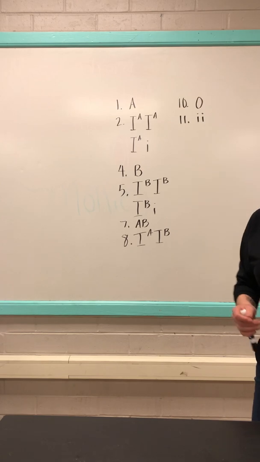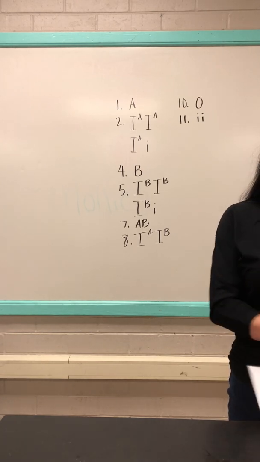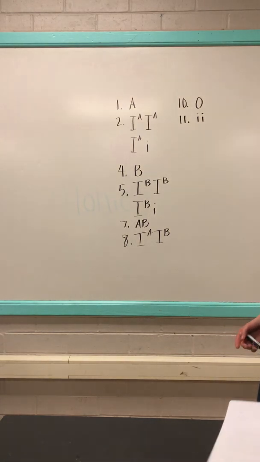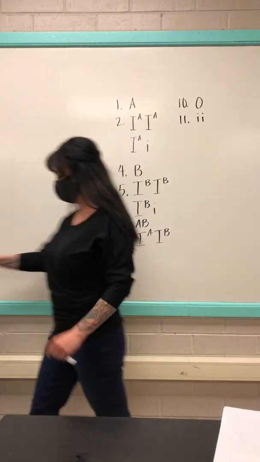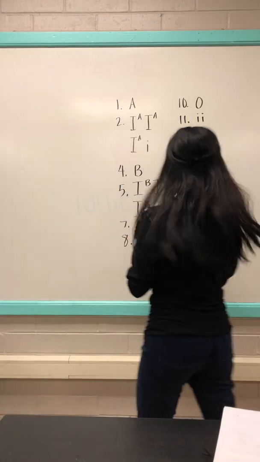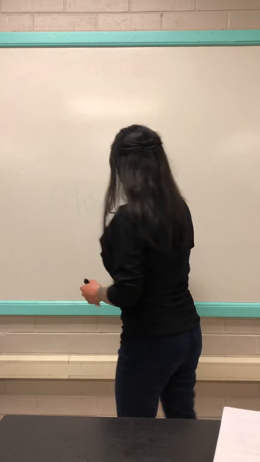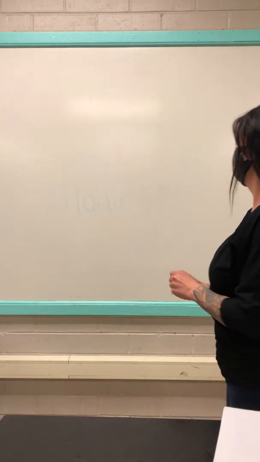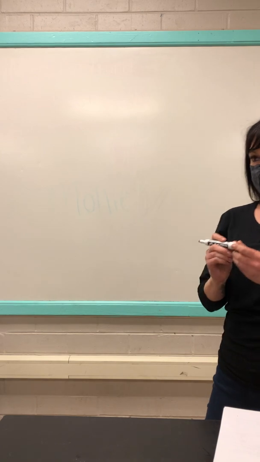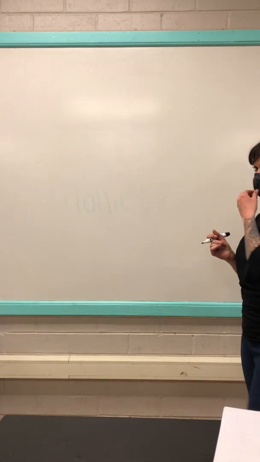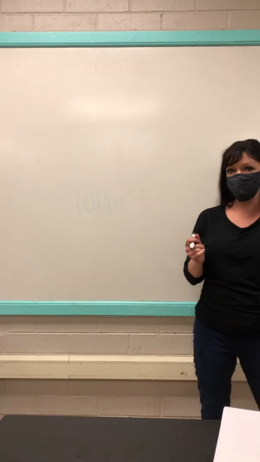So let me show you how to do a Punnett square with these. You can write this on the back of your sheet. This is not actually a question. I'm just going to show you how to do a Punnett square with blood types. I'm going to give you an example with me. I told you I'm O blood type.